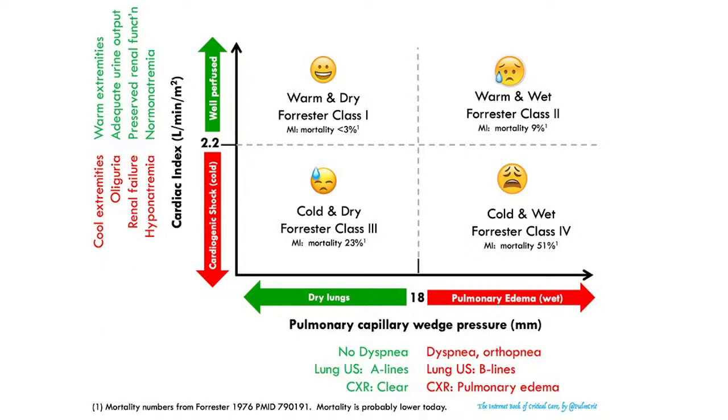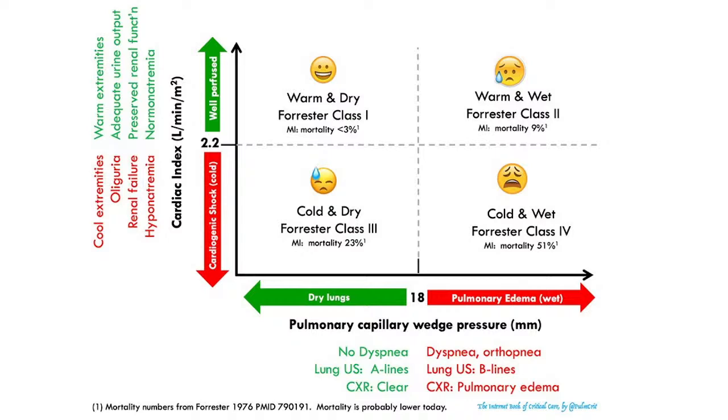Now, for completeness' sake, we have another classification called the Forrester classification. In that, we classify heart failure into warm and cold, and dry and wet, based on the presence of pulmonary edema and shock. If the patient is having pulmonary edema, we classify them as wet type, and if there is no pulmonary edema, dry.